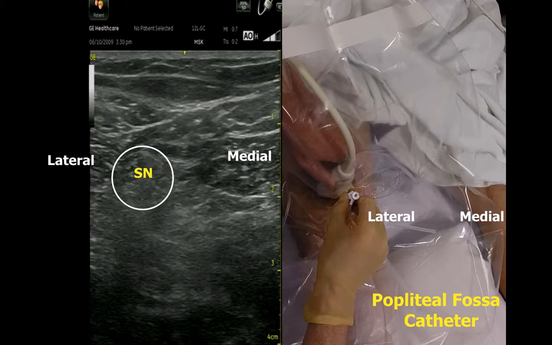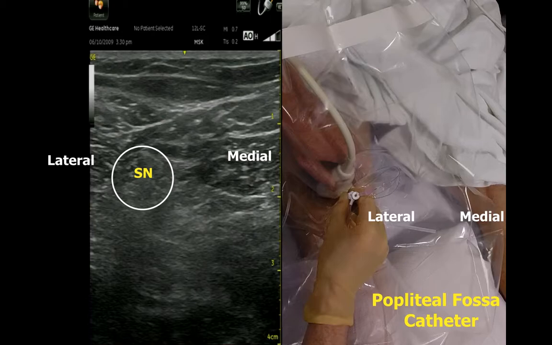In this image, we will see the placement of a catheter in the popliteal space using a conventional 18-gauge standard bevel needle. Note that the ultrasound transducer is outside the sterile field. This field is created using a clear fenestrated drape with a circular adhesive border.